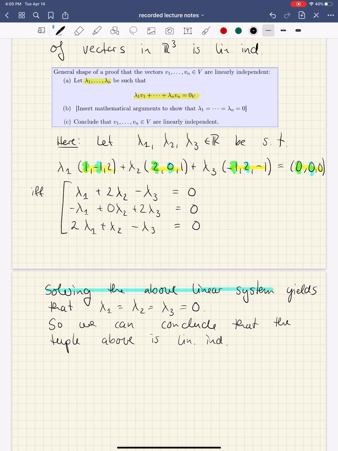A lot of problems boil down to exactly this. Showing that elements in R to the n are linearly independent always boils down to solving a linear system. So you really need to have the skill of solving linear systems, 3x3 or 4x4 systems.